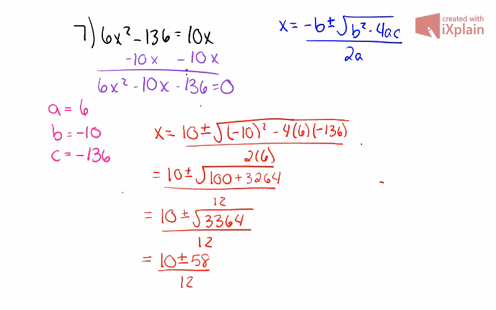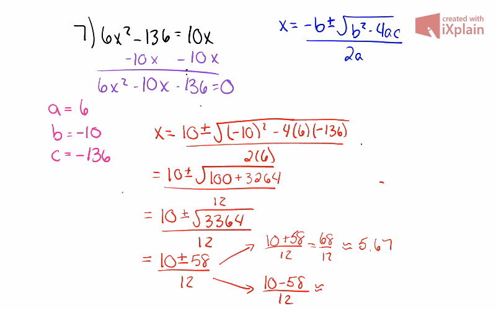Over 12. And again, I can split that up into 10 plus 58 divided by 12 and 10 minus 58 divided by 12. So if I do 10 plus 58 divided by 12, I would get 68 over 12, which is not even, so you will get a decimal. So you get about 5.67.